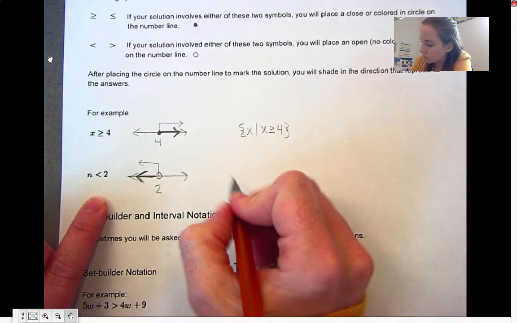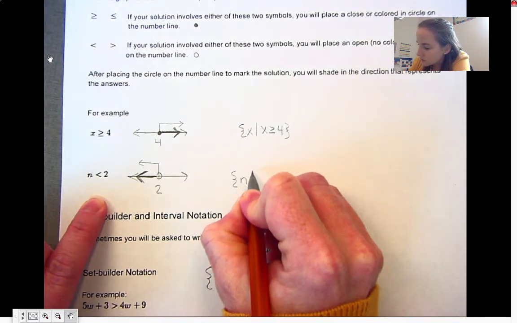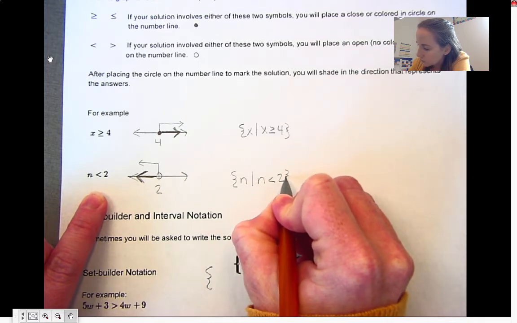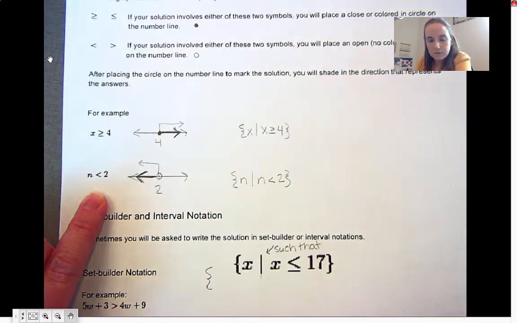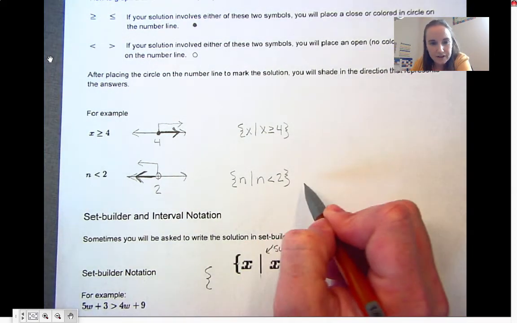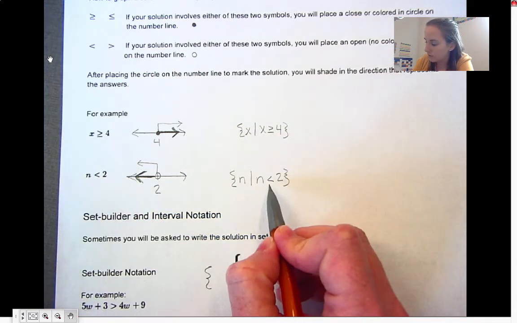In this case, I would write brace n such that n is less than 2. So really all you're doing is putting it in set notation, and you're just taking whatever this is and putting it over here.